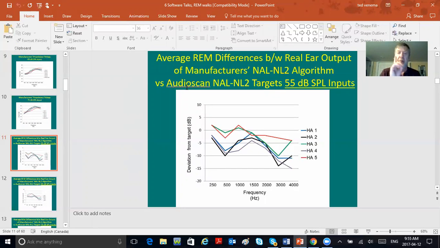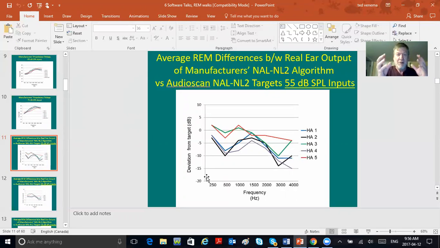So the point is, what we're showing here is frequency, and then the deviation from the true target. So this is the variation. These numbers in decibels give the degree of difference between how the manufacturers are implementing NAL2 versus how NAL2 appears on a real ear system.